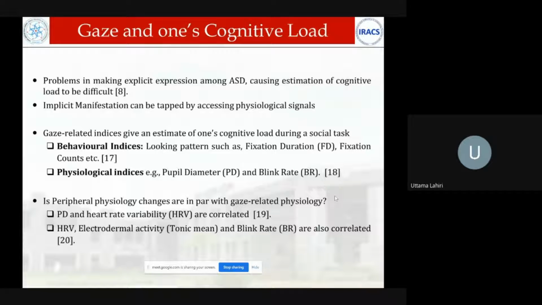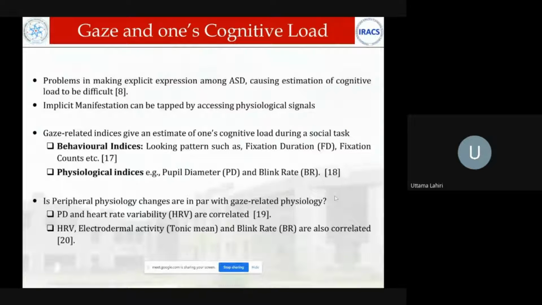And in fact, also heart rate variability and electrodermal activity. By electrodermal, I mean how I'm sweating, that is my sweating activity. Of course, in my sweating, there are 2 ingredients. One is the tonic mean, that is the baseline level of sweating, which is recorded as a DC shift in millivoltage in the output.